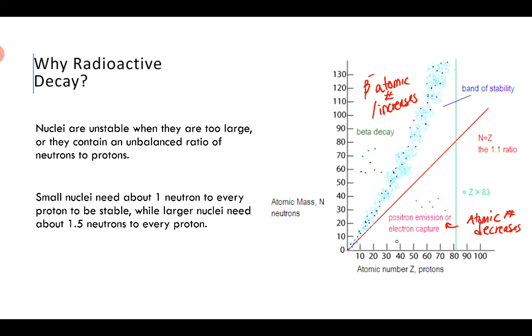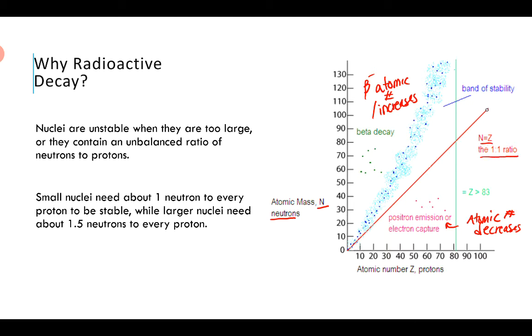And so if we graph our stable nuclei's atomic number versus mass number, with the number of neutrons on the y-axis and the number of protons on the x-axis, we can see a trend. If there were a 1-to-1 ratio of protons to neutrons, it would be this red line.